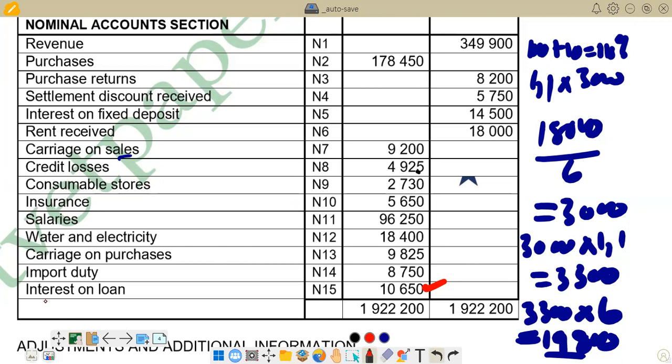So 22,950 represents the amount of interest on loan for the period, but what was paid was only 10,650. So the remainder becomes an accrual of an expense. We are just going to find the difference between the two to find the figure for the accrual. We subtract 10,650 from 22,950, and we get 12,300. So this one becomes the accrual of interest on loan, and we are going to put that as an accrual for interest on loan.